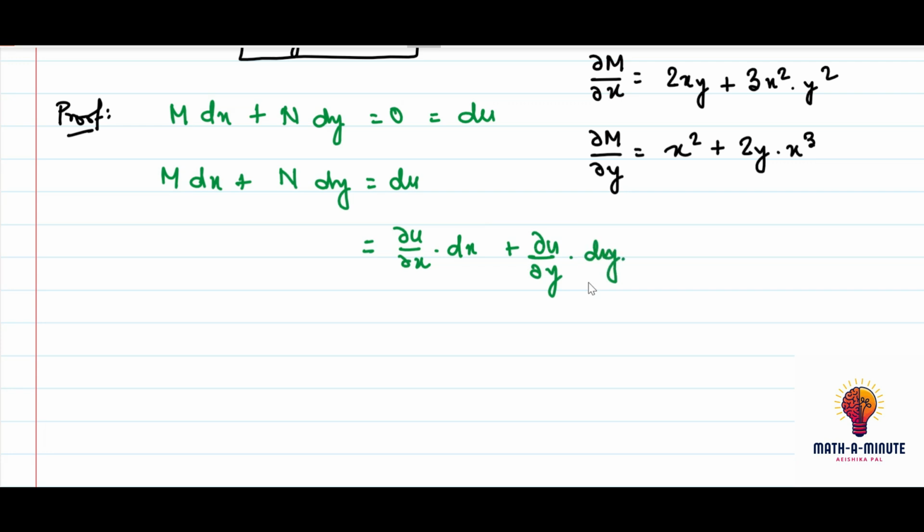If we compare the right hand side with the left hand side, we can write M equals del u del x and N equals del u del y.